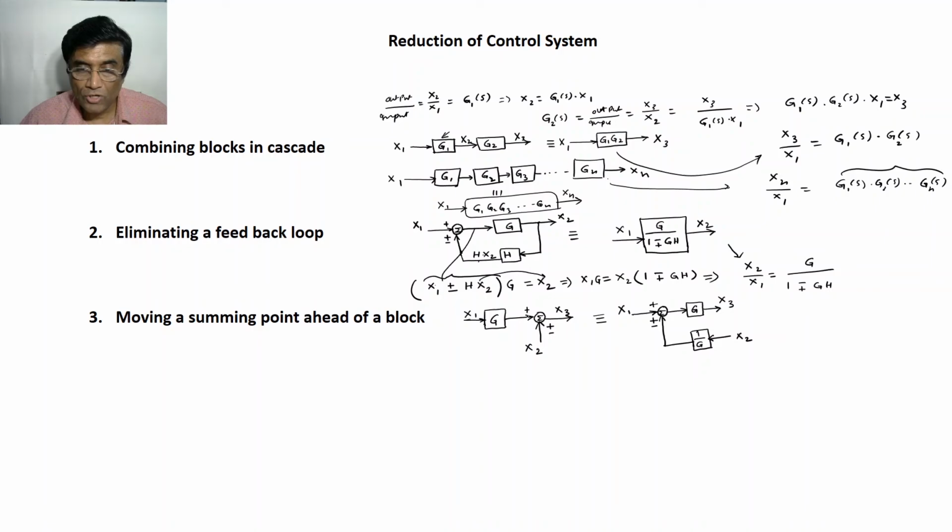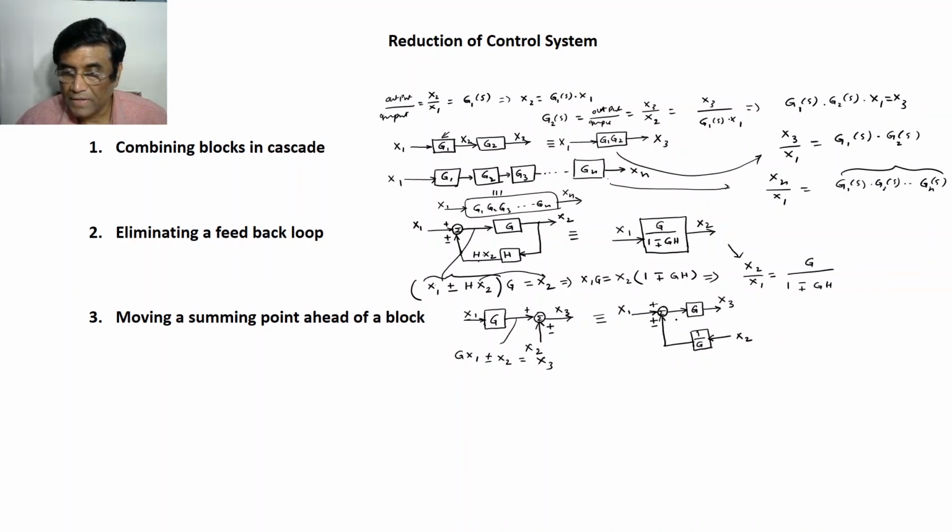See how. So here what is the signal? Here the signal is g x1 plus minus x2 equal to x3. Okay, so am I correct? And here what is it?